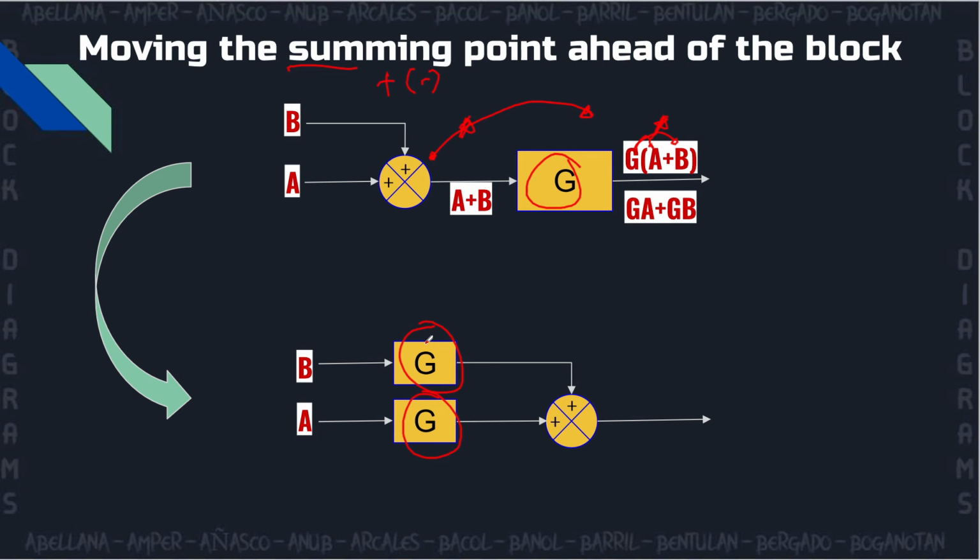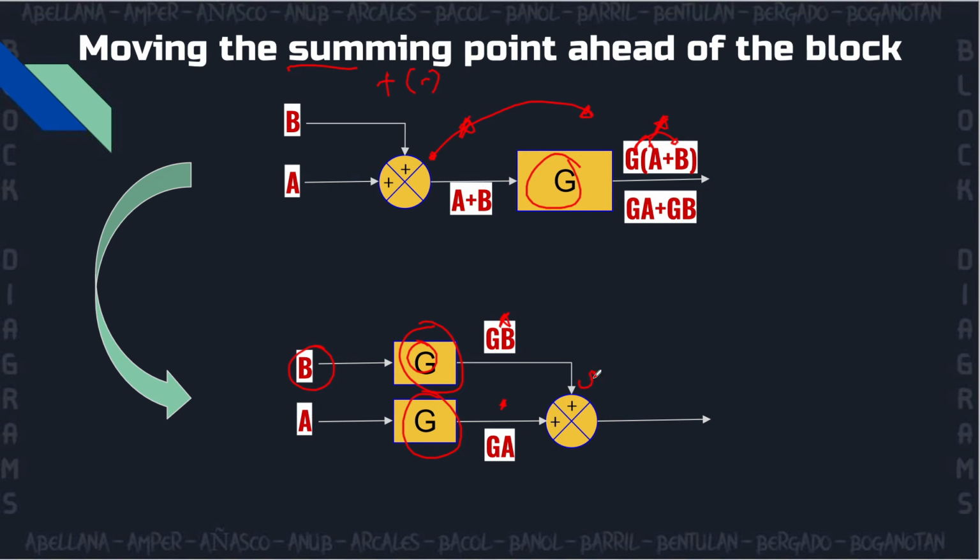From here you have two transfer functions of G, and you have an input A and input B. So the output in this part of the block diagram would be GB, since we multiply G and B. And this part would be GA or AG. They are still the same.